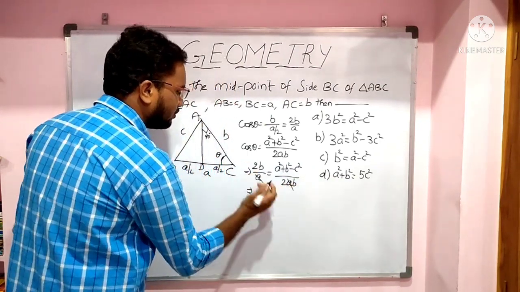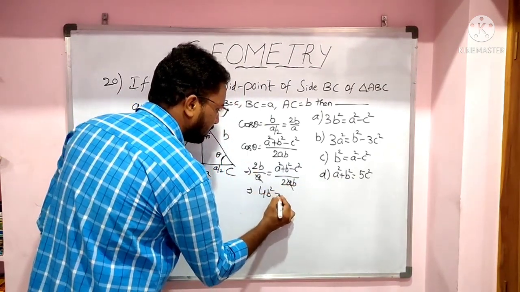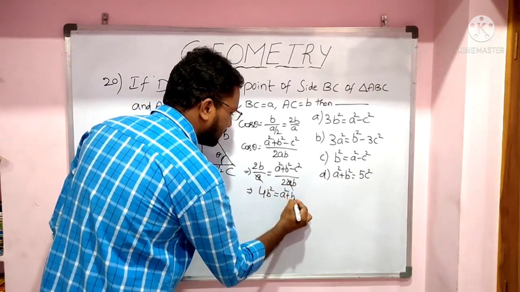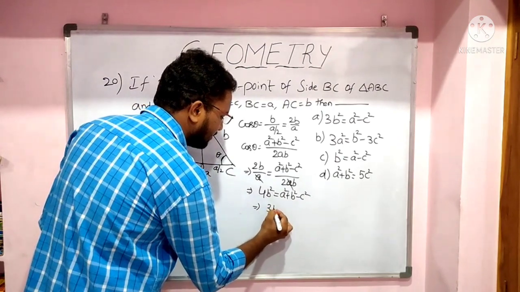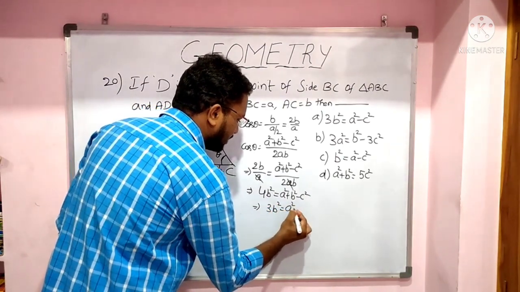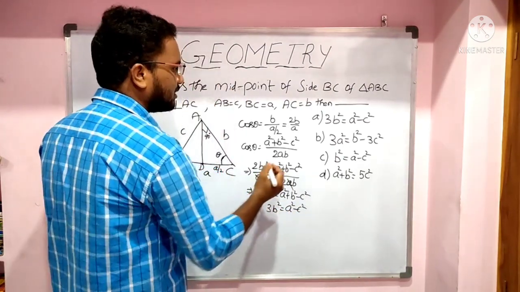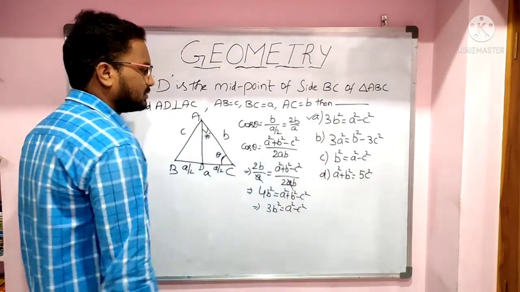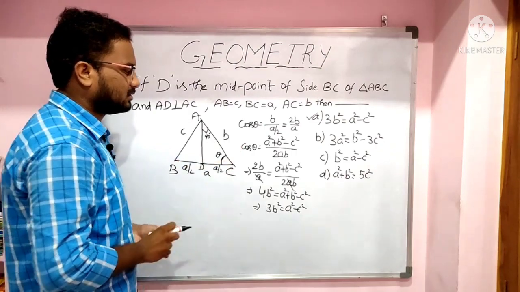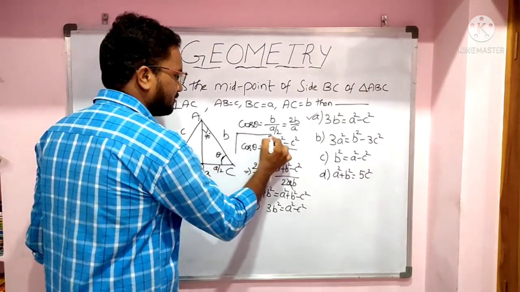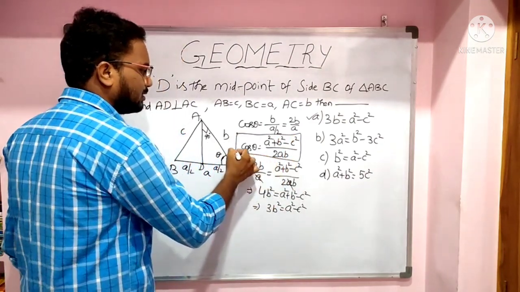So 2b into 2b, 4b square, equals a square plus b square minus c square. So 4b square minus b square, 3b square, equals a square minus c square. So the answer is the first option. Here we are using the cosine rule: cos theta equals a square plus b square minus c square by 2ab.